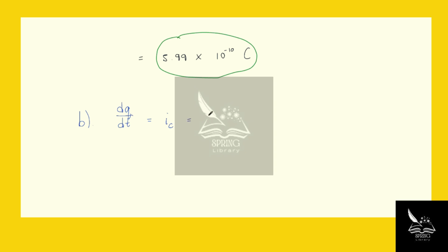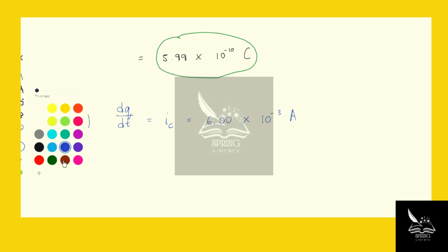And so dq dt, which is the rate at which the charge is changing, is 6 times 10 to the minus 3 amperes. And so this value is given, the conduction current is simply 6 milliamperes.